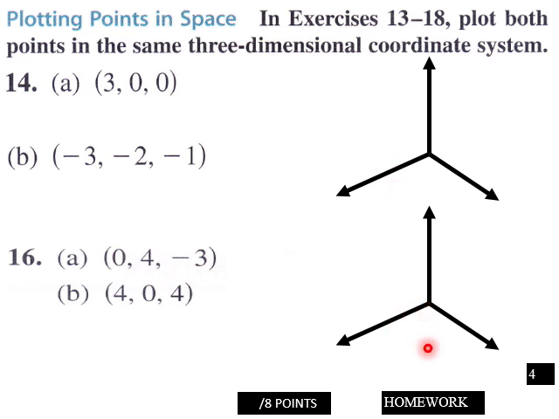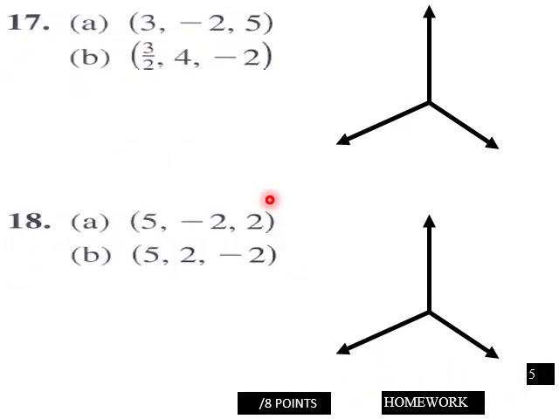I'm not going to give it away, but you have to drop that down. Yeah, a -3. And then B here is 4, 0, 4. So if you have to improvise on these coordinate systems here, please do so, students. You got 8 points here for page 4.